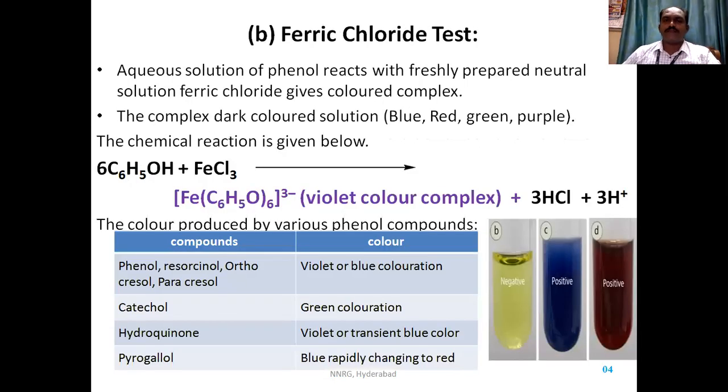Next test is the ferric chloride test. Whenever an aqueous solution of phenol reacts with a freshly prepared neutral solution of ferric chloride, it gives a colored complex, which may be blue, red, green, or purple.